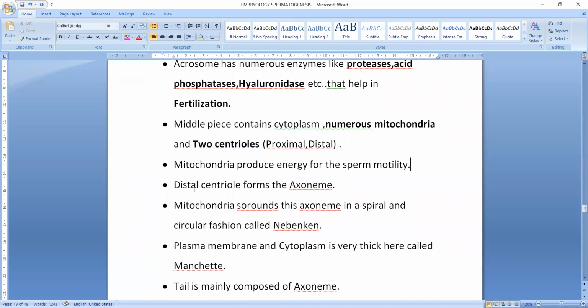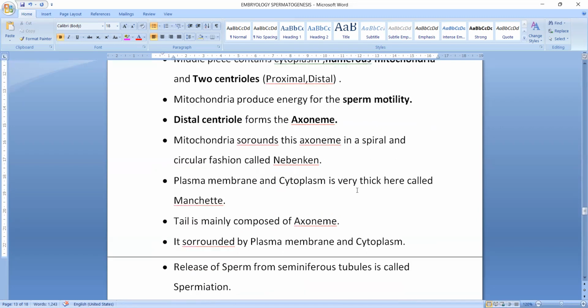Mitochondria. In every cell, mitochondria produce energy, here also, but their number is more, and that energy is for the propelling of the sperm, or sperm motility, movement. So, as I have already told you, the distal centriole forms the axoneme, or you can say the base of the support of the tail.